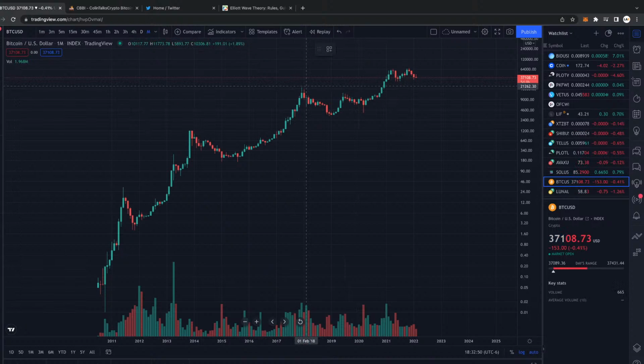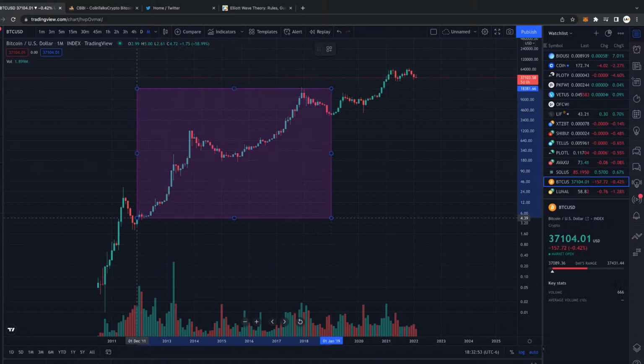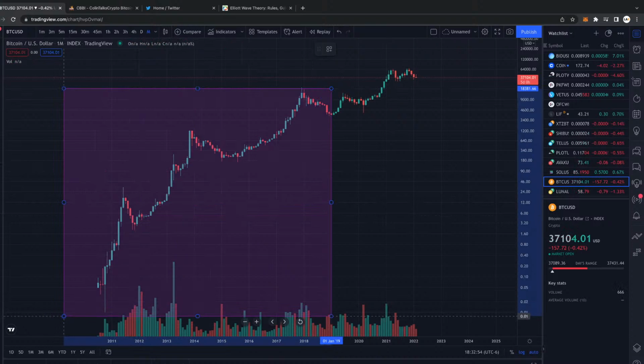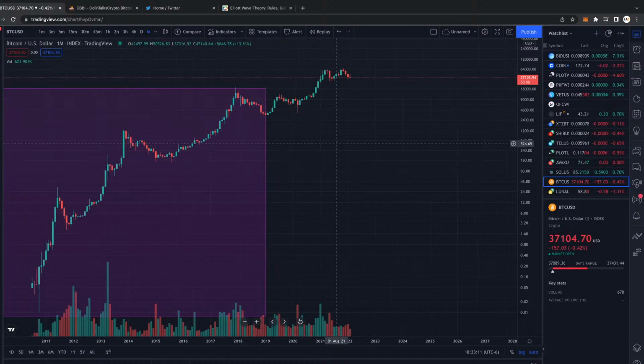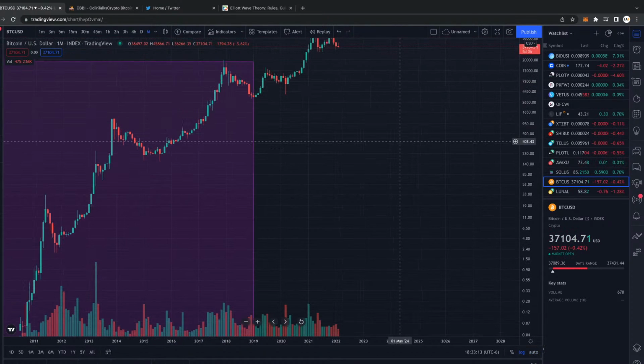Everything from here we're not going to take into play. This is a larger cycle on the larger time frame wave count, where you can take the other impulses as well and see that there are impulse waves and corrective waves. So I just want to focus right on this area here.